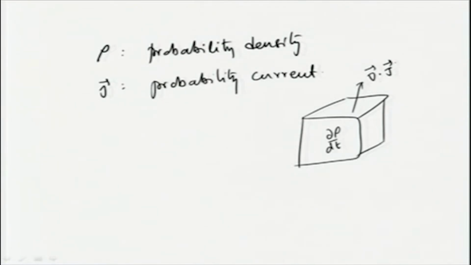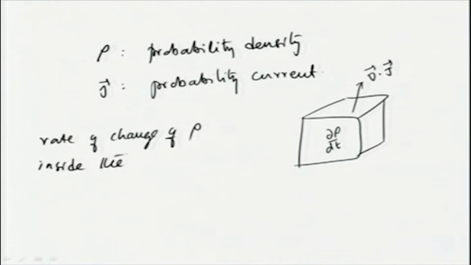So, minus of this thing is the flux going out of this volume. In words, the continuity equation tells you that the rate of change of probability density rho inside the box is equal to the flux. Flux is j dot the area.